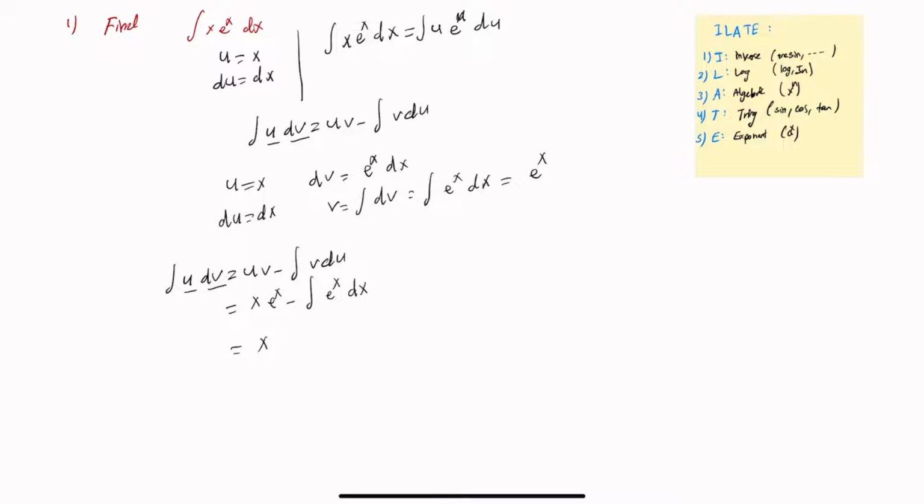So we'll have x e to the x, minus e to the x, and then plus c. Notice here we have common terms, so I'm going to factor that. It's going to be e to the x, times x minus 1, plus c. And that is the antiderivative.